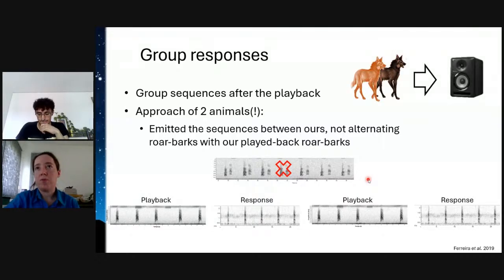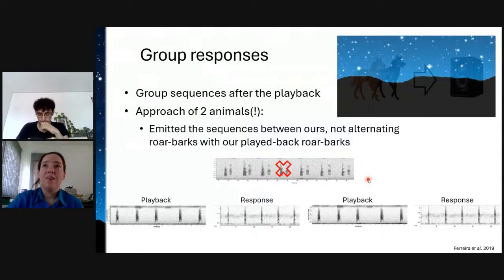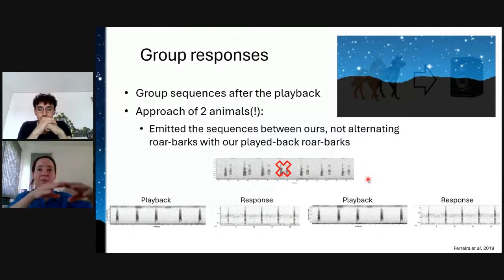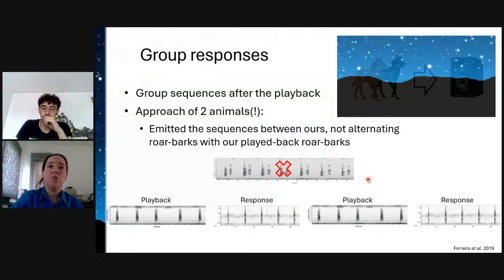And what was interesting was that two animals approached our playback, but unfortunately we could not see them because it was night, and the maned wolves managed to flee from us, and we could not see if, for instance, it was a male and a female.